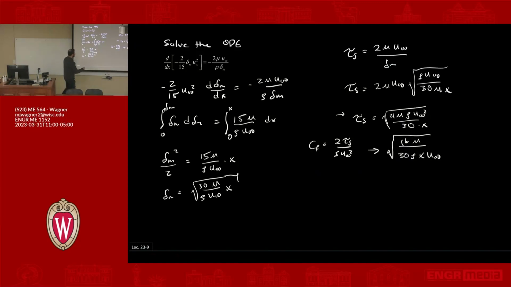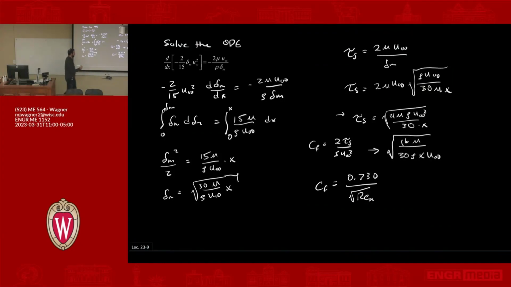This over here is one over Reynolds number, right? Rho, characteristic length, u infinity over mu. And then I just have some constants there. So in its simplest form, Cf is equal to 0.730 over the square root of Reynolds number with respect to x.